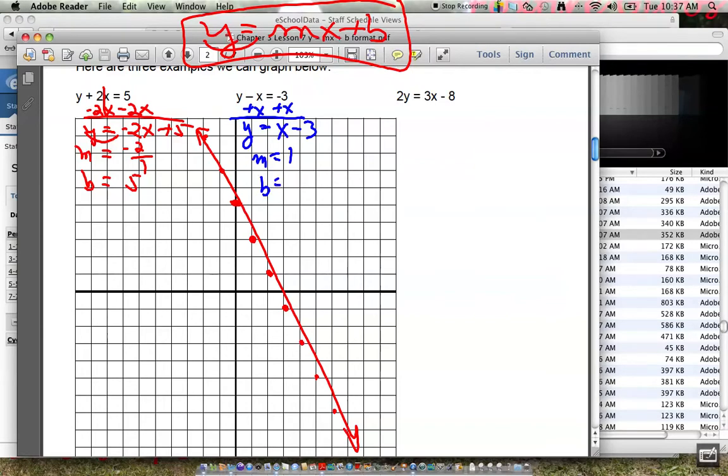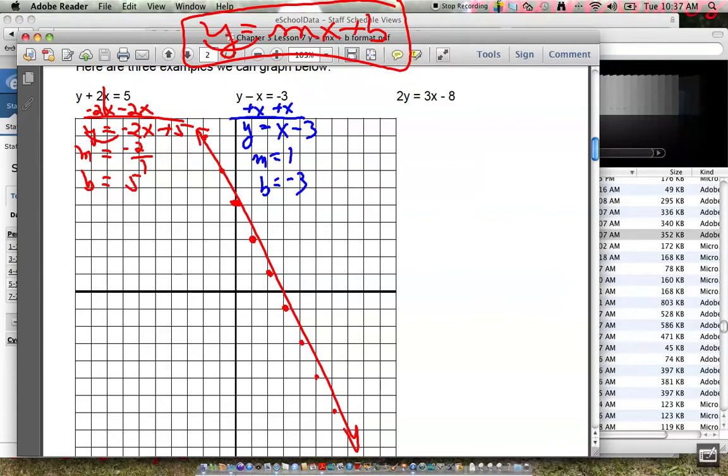What's the y-intercept? Come on, Montenegro, I know you know the y-intercept. Michael, give me a number. Oh, close. Negative 3.